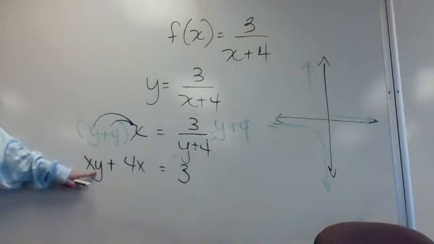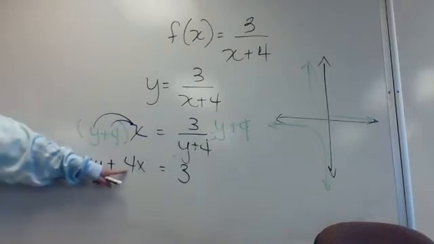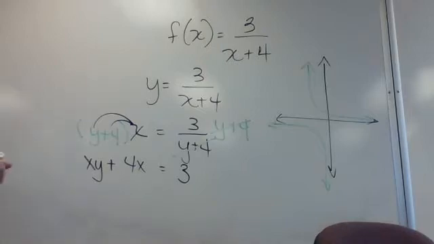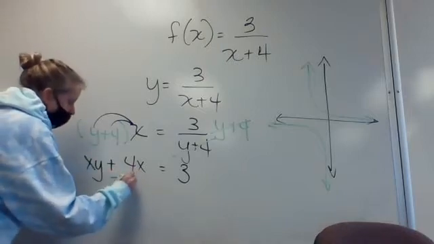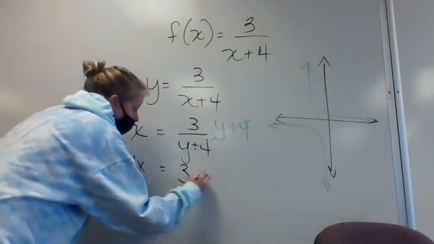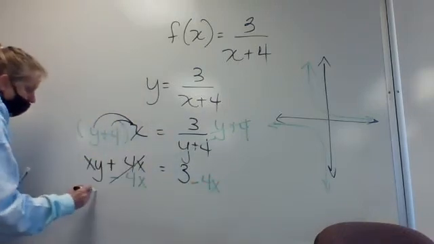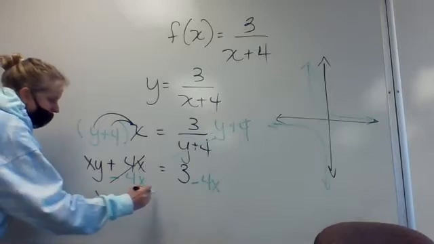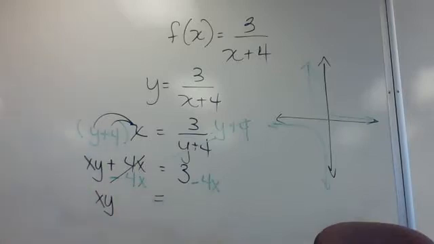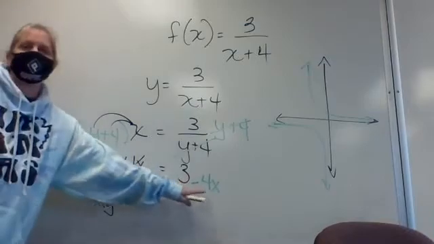So again, now here's the y that you're trying to get by itself. So the first thing I need to do is get rid of that plus 4x. So I'm going to subtract 4x. So there's my xy equals. These don't go together, right?